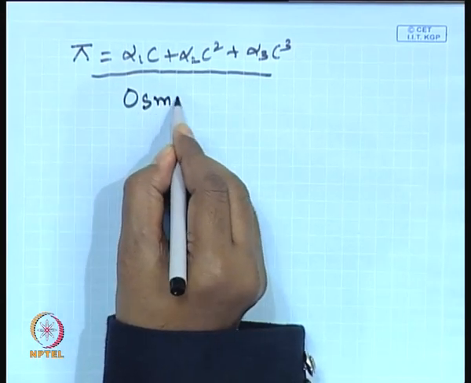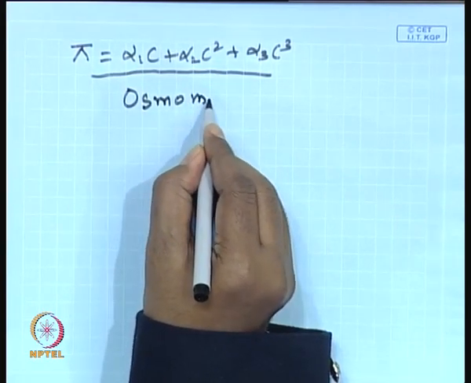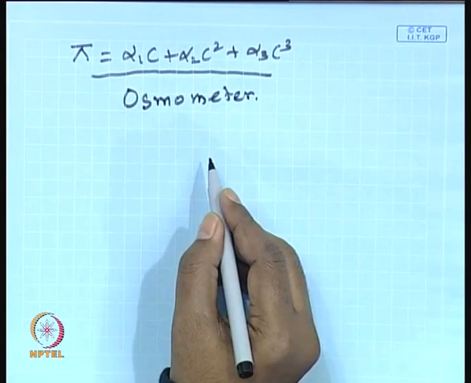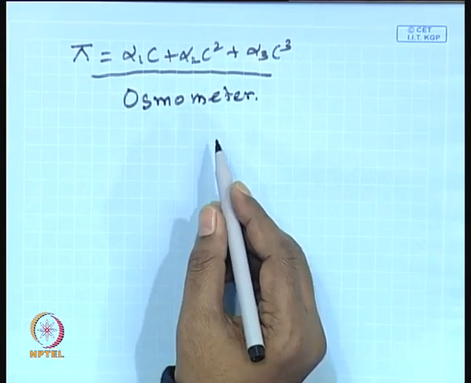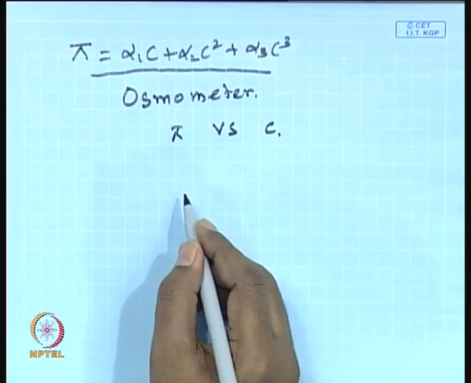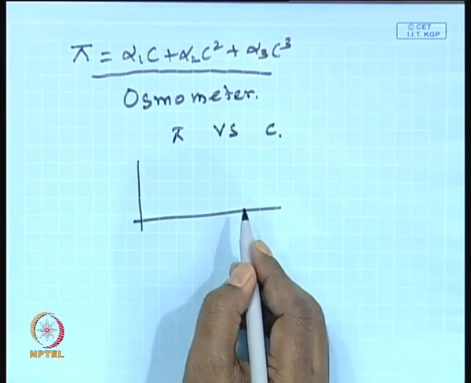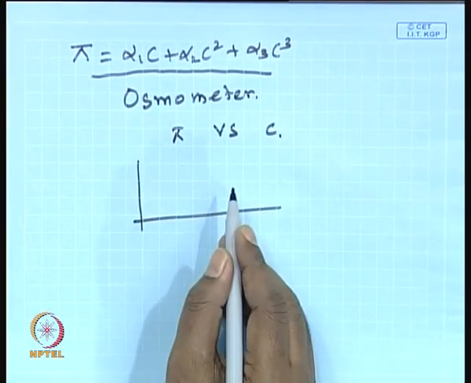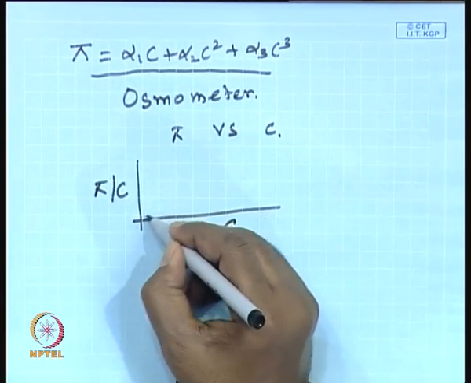The osmotic pressure measurement instrument is called an osmometer. They conduct experiments under various concentrations and measure the osmotic pressure, pi versus C. Then it is plotted, and the trick is you should not plot pi versus C, you should plot pi by C versus C. Then fit a polynomial.